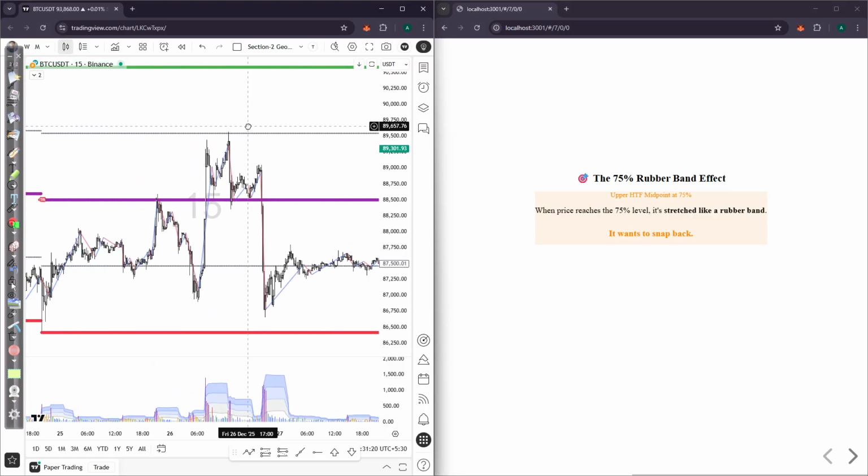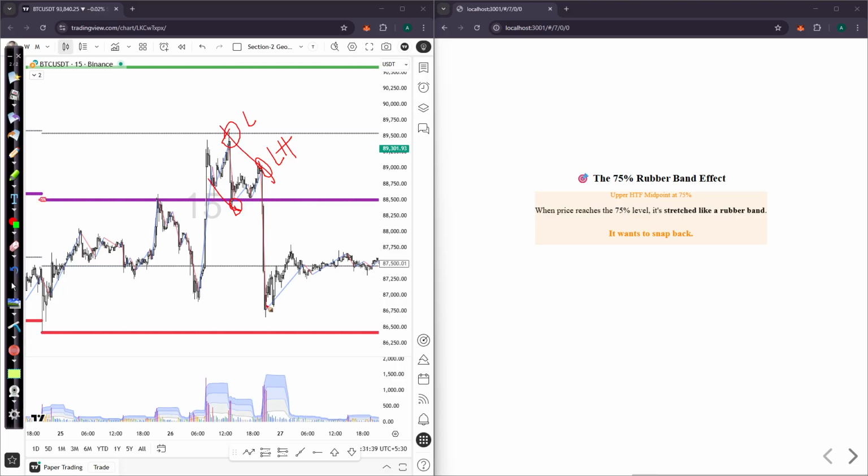See, as the market comes here, you can see this big rejection here. And the market is making lower high, lower low. So we can short here, because it's already downtrending.